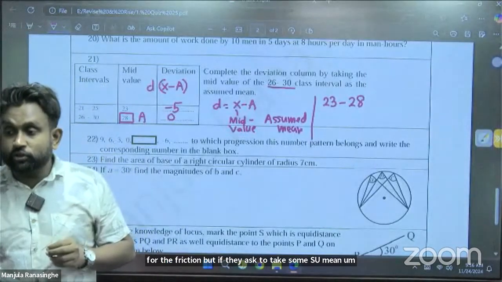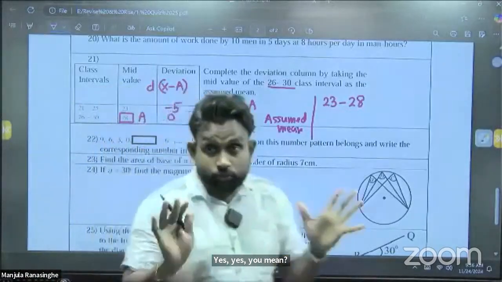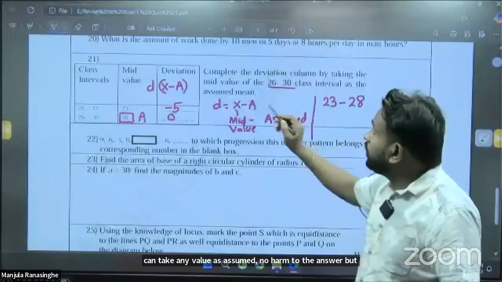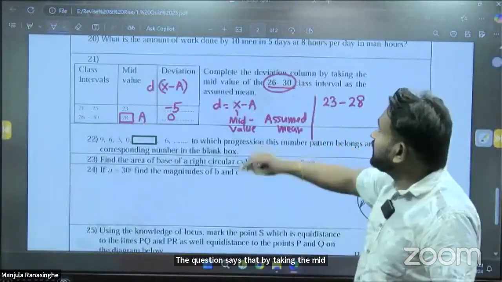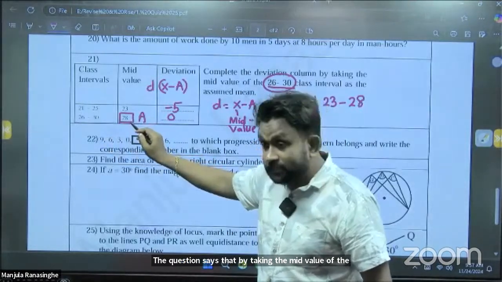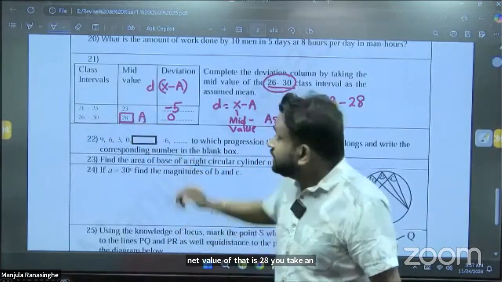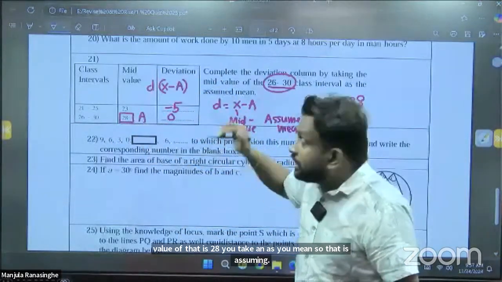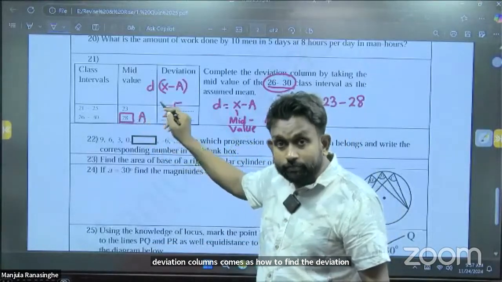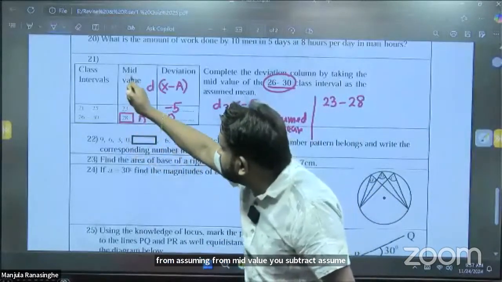Here, we can take any value as the assumed mean, no harm to the answer. But the question says that by taking the mid value of the 26-30 class, this one, the mid value of that is 28, you take it as the assumed mean. So that is the assumed mean. Then for the deviation column, from the mid value you subtract the assumed mean. This is the mid value column.